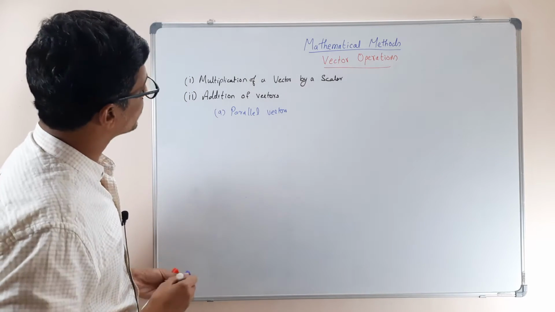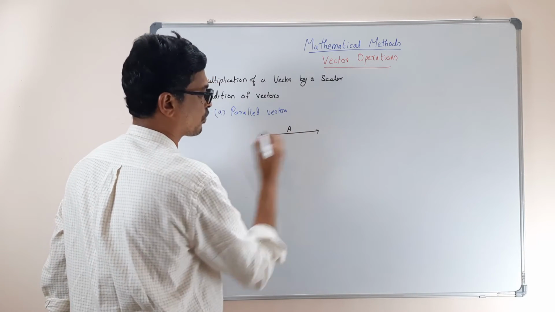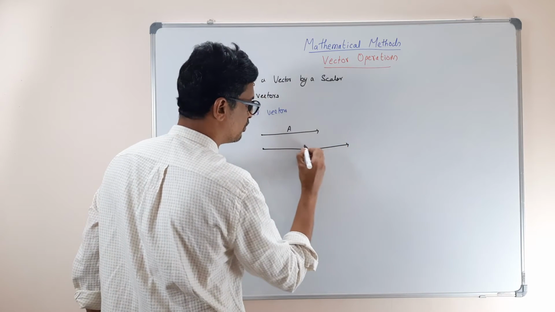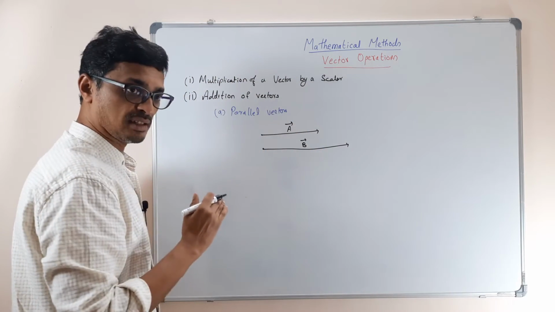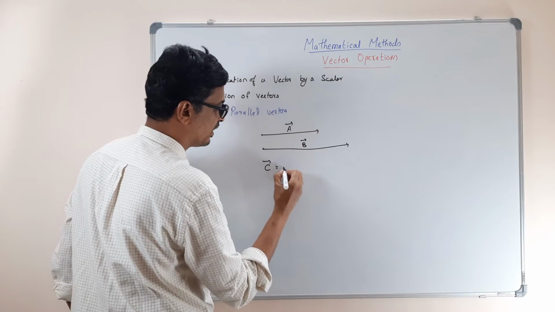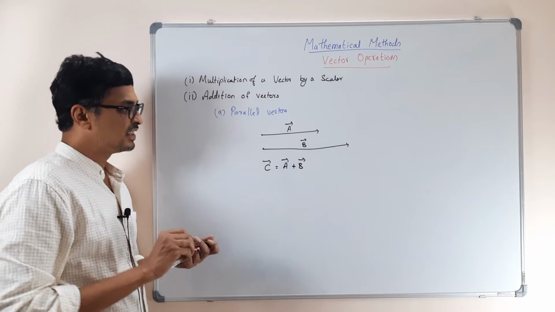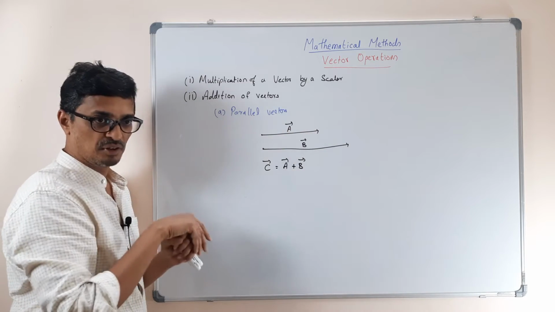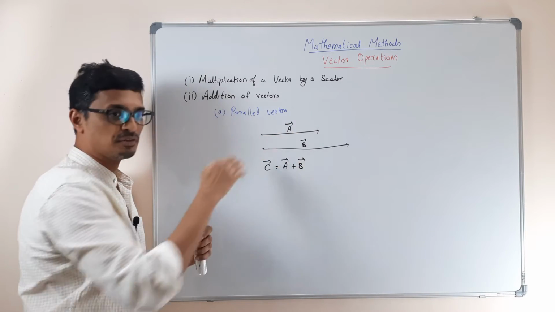Let me say, for example, we have one vector A and another vector that is parallel, maybe B. When I add these two vectors, your C vector, that we call the addition, will be A vector plus B vector. So when the vectors are parallel and you add them, the resultant vector will be just the sum of these two vectors.